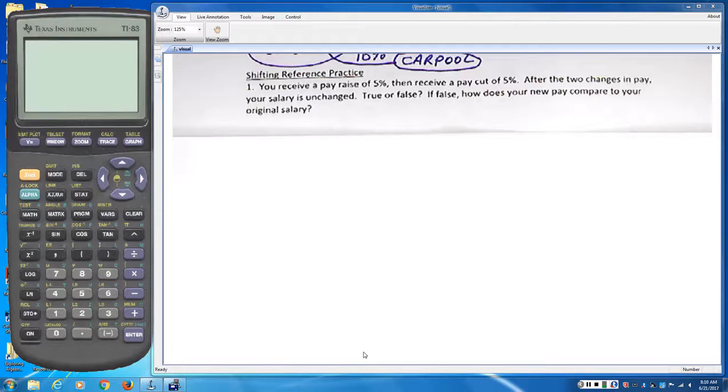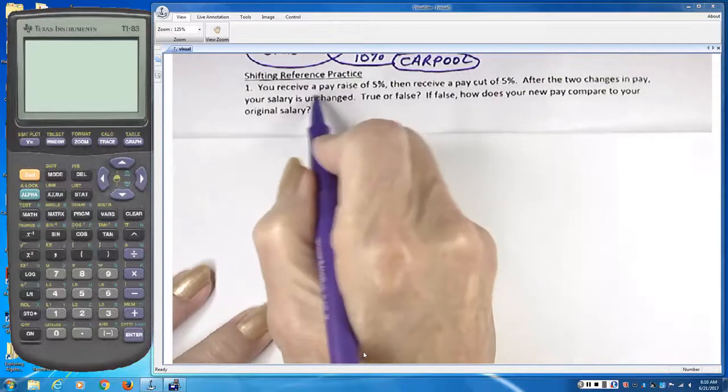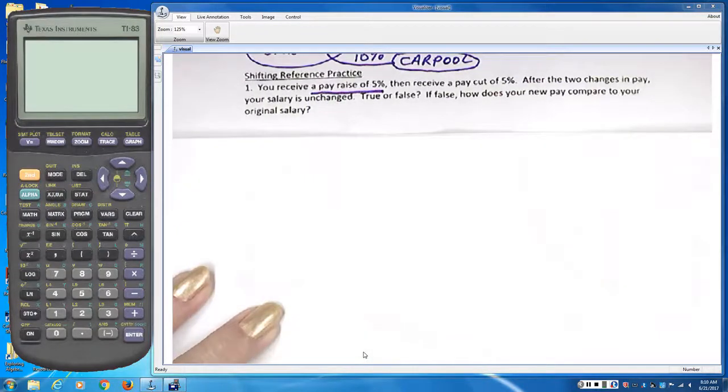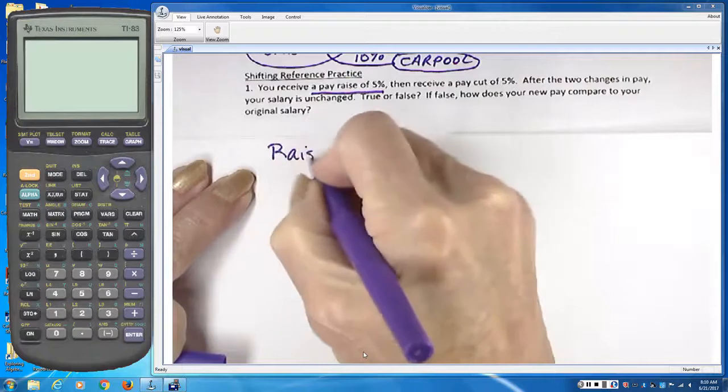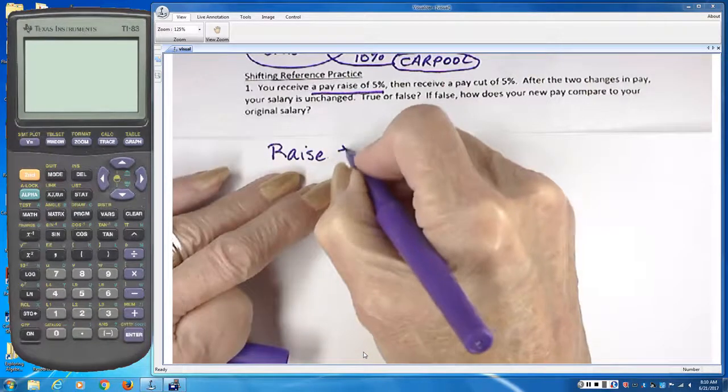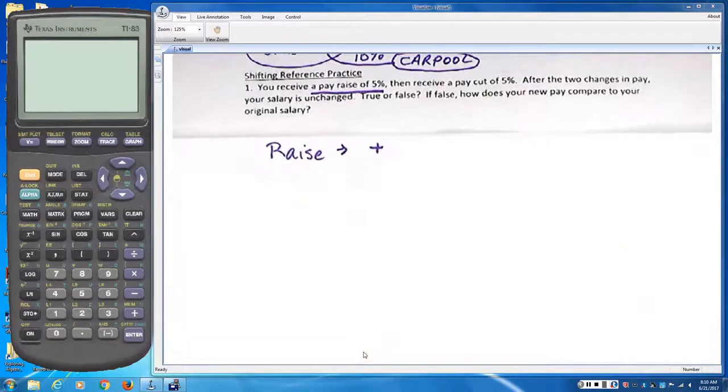So let's see. First, you get a pay raise of 5%. A raise indicates positive, so it's an increase.